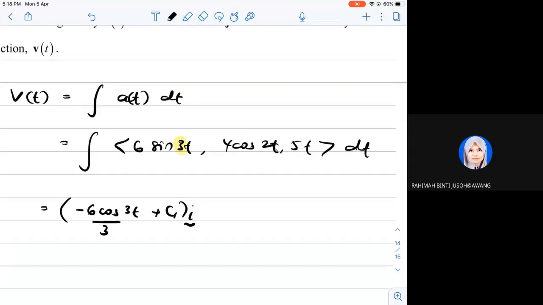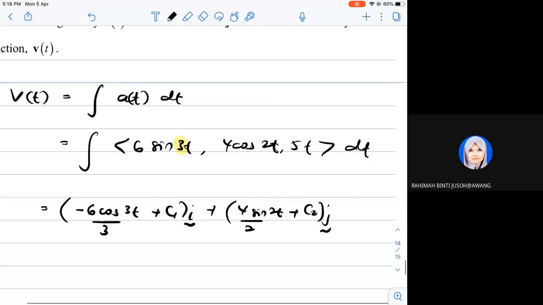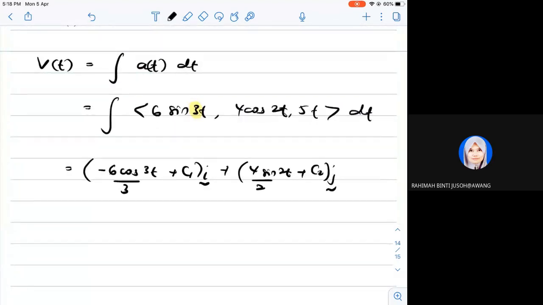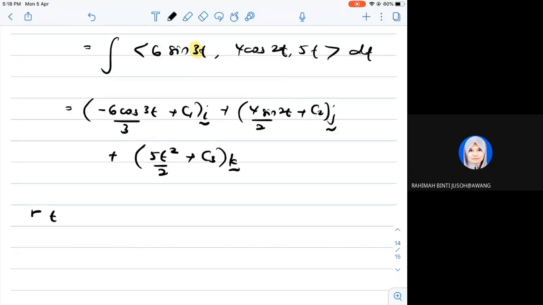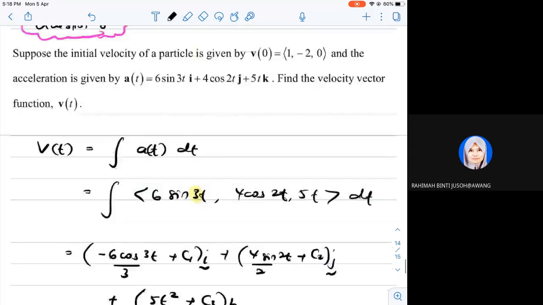Okay, so settle untuk first component. Second component, integrate 4 cos 2t. We will have positive 4 sin 2t over 2 plus C2 j. Macam tu. And then the last one, integrate 5t. We will have plus 5t squared over 2 lah, plus C3 k.